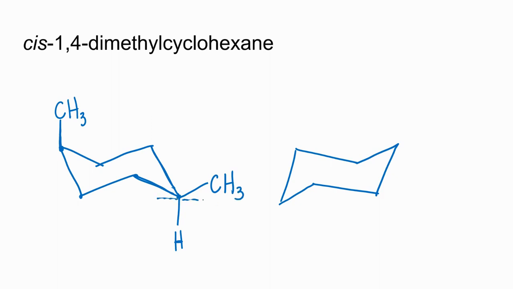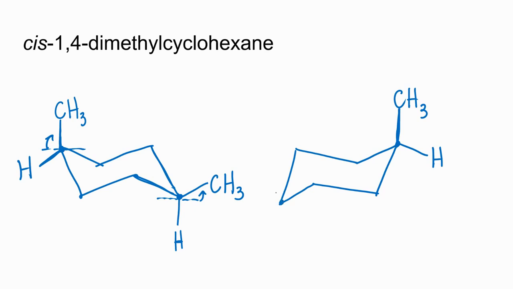This would be cis now because both methyl groups are up relative to that imaginary line that's horizontal there through that carbon atom. So 2 groups up, meaning this is cis. We go to flip this, and the foot of the chair is going to become the head of the chair. It's going to go from equatorial to axial for the methyl. Now the hydrogen is out equatorial, and the old head of the chair becomes the foot of the chair.